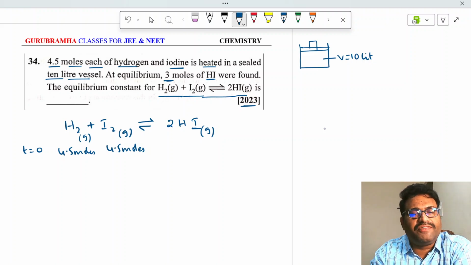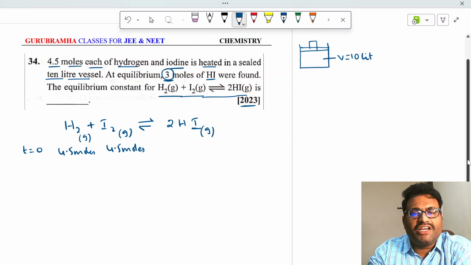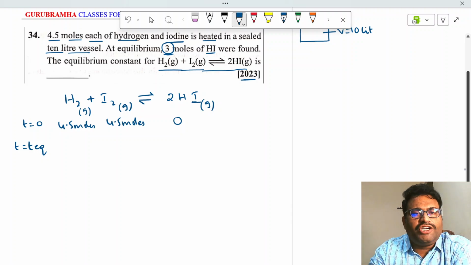So after a certain time, this reaction has attained equilibrium. At equilibrium, you are finding 3 moles of HI. How many moles of HI are given at equilibrium? Initially there is no HI. So at time t equal to equilibrium, it is found that 3 moles of HI were formed.